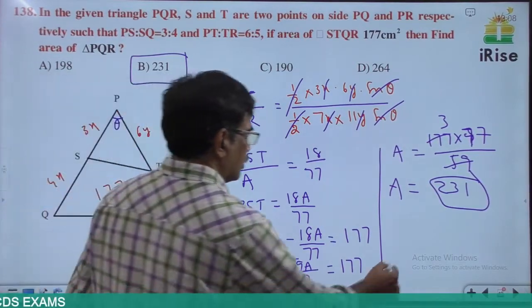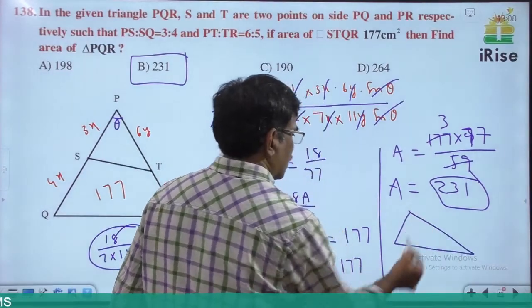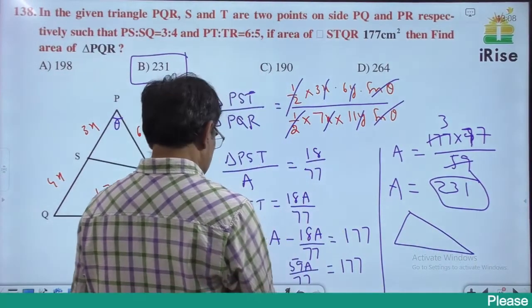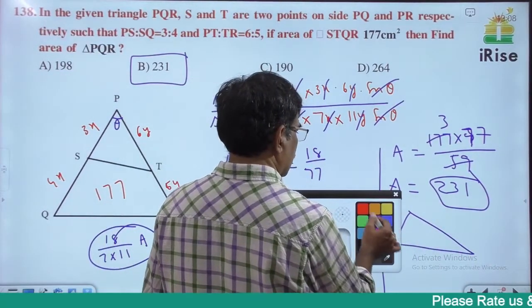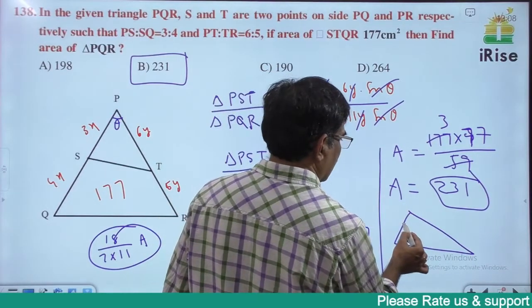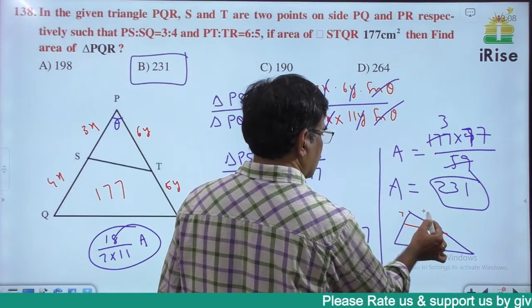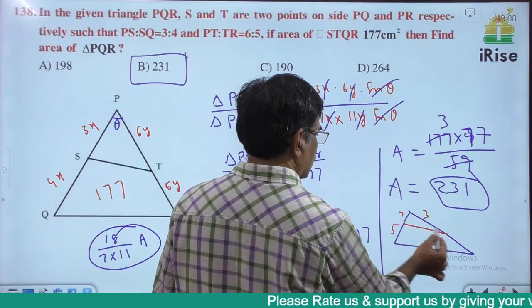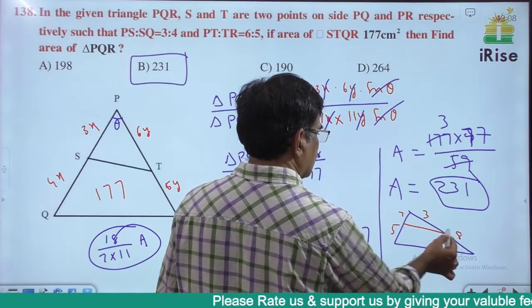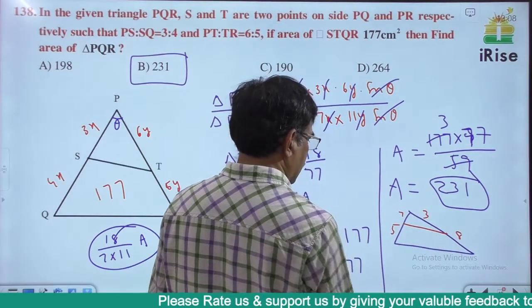Okay, for example, there is a question like this. This is a triangle, and this is a line like this. This is 7 parts, this is 3 parts, this is 5 parts, this is 8 parts. What is the area of this part in the total area?